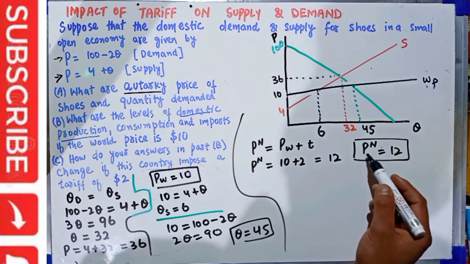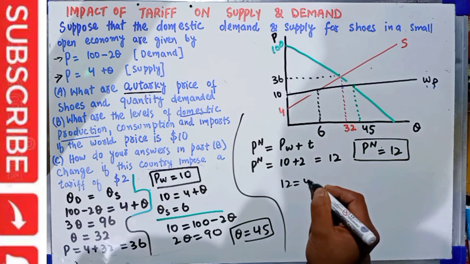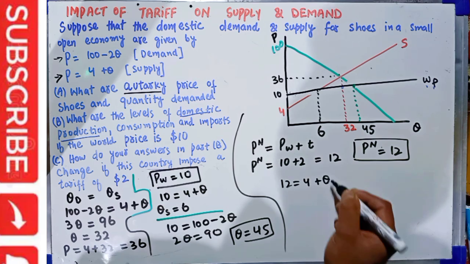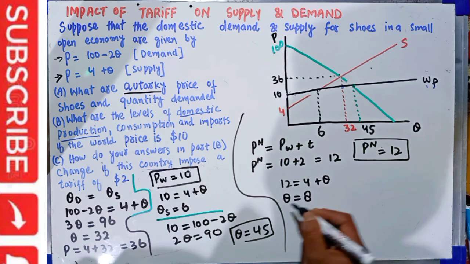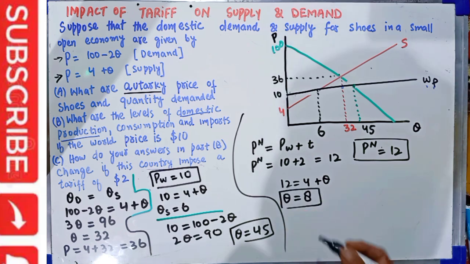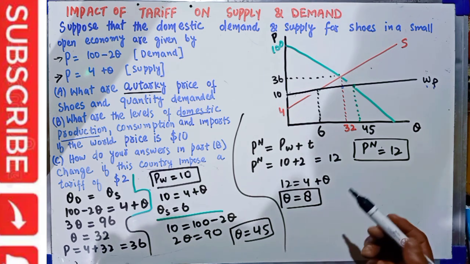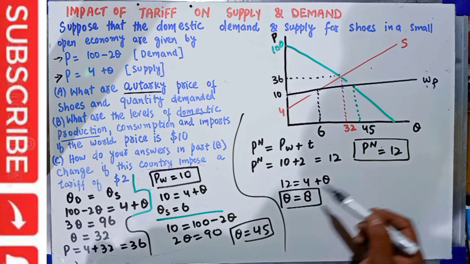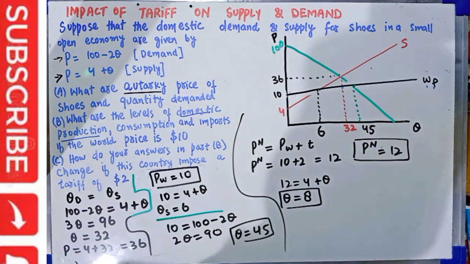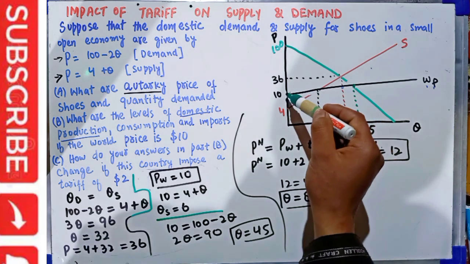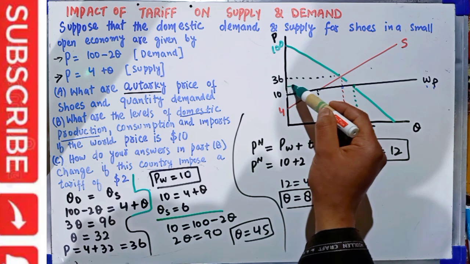So simply plug new price into the supply function, that is 12 is equal to 4 plus q, which gives us quantity supplied will be equal to 12 minus 4, which is 8. So 8 units will be supplied when the nation imposes a tariff of $2. And on the graph, this world price will shift upwards by 2 units.